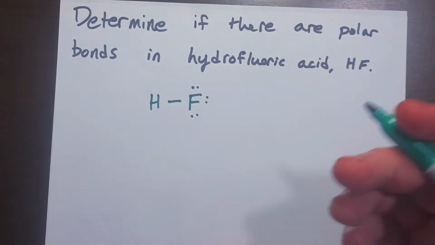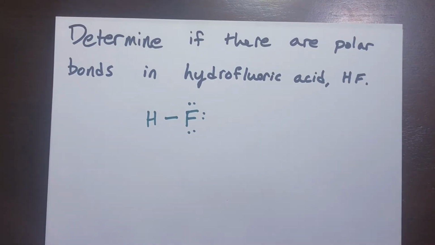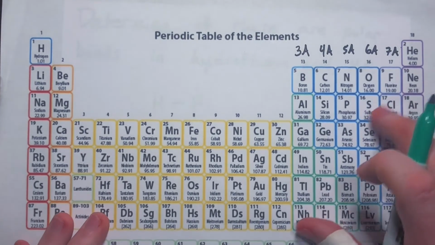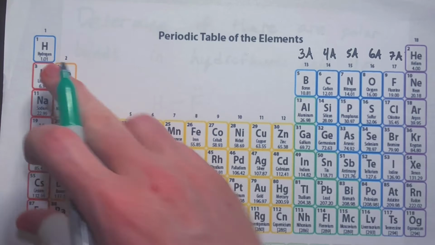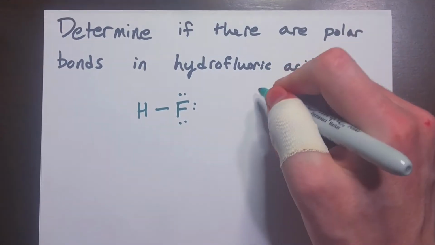So now we have to look at our periodic table to determine if there's a difference in electronegativity. So we take a glance at our periodic table. We see fluorine in group 17 or 7A, hydrogen all the way over here on the far left in group 1. So from that, we know that there is a difference in electronegativity.